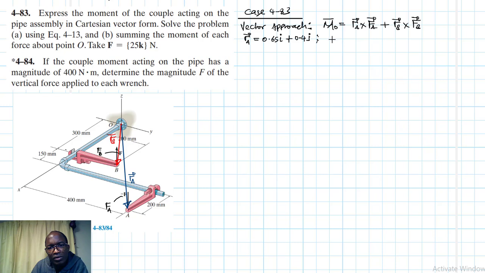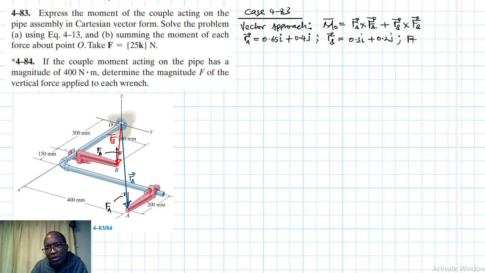Let's find also the lever arm for RB. The coordinates for RB, we write it as a position vector or vector arm. RB, what are the coordinates? Is 300 in the x, which is 0.3 i, plus 200 in the y, which is 0.2 j.